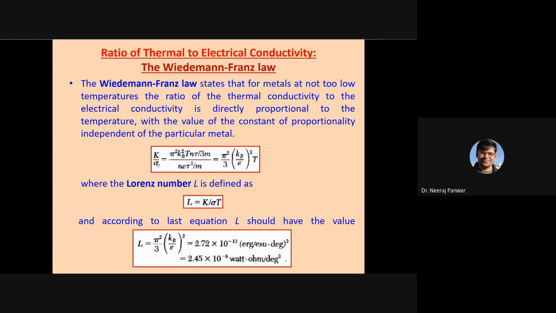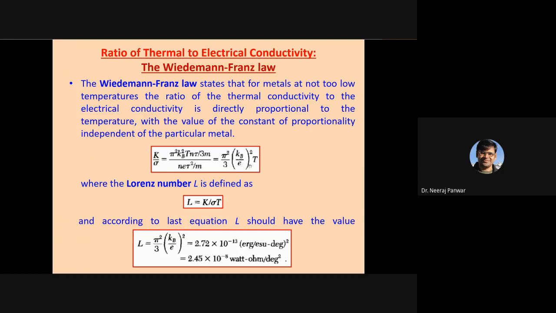So kappa by sigma, as derived by Sommerfeld theory, gives this expression: π²/3 (k_B/e)² times T. So you can see that this ratio is proportional to temperature. At fixed temperature, k_B is constant and e is also constant.